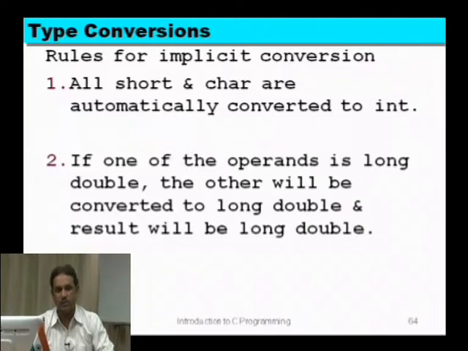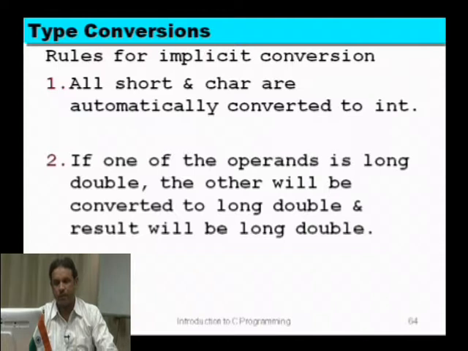Next, the second rule is, if one of the operands is long double, the other will be converted to long double and the result will be long double. If one of the operands is long double and the other is maybe an integer, we are not bothered about the other operand.